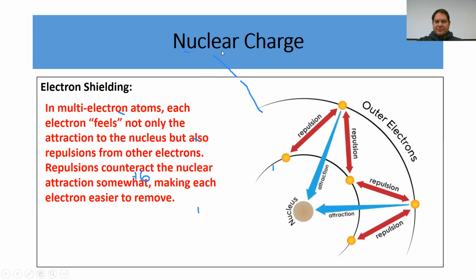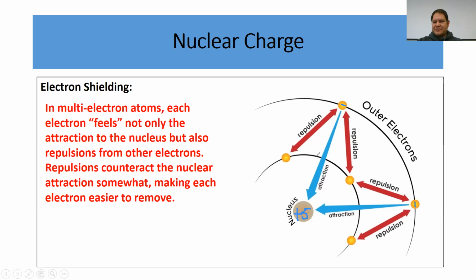All right, now there are other attractions and repulsions that are going on simultaneously in the atom. Okay, so in this drawing, let's go back to our positive 5 nuclear charge, 5 protons in the nucleus. Now this electron and this electron are the valence electrons. You know that, and the valence electrons are attracted to the nucleus. But we also have these other electrons that are the core electrons, right?